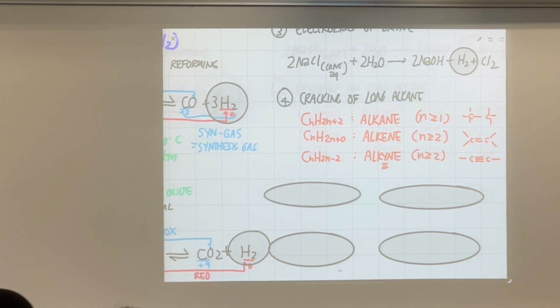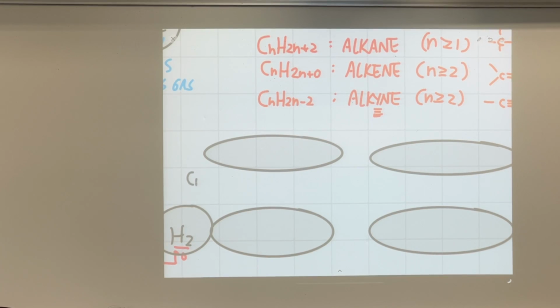For the first one, under that word equation, can you write C10H22 becomes... think of a number between 1 and 10. 5. So what is an alkane and an alkene with 5 carbons respectively? C5H12. What about alkene with 5? C5H10. So this is one possible way in which a long alkane can crack.